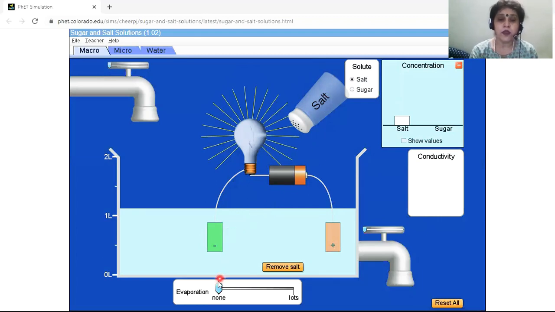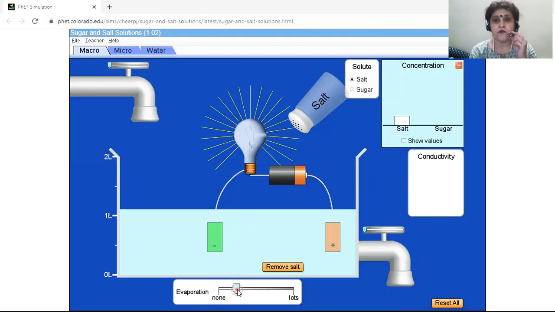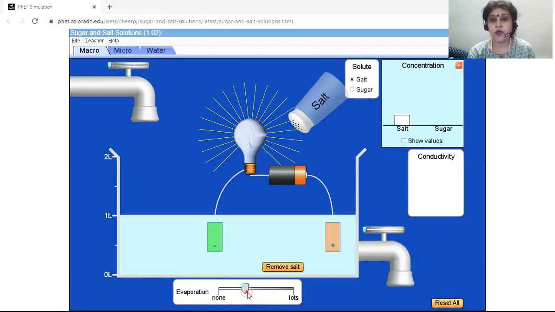Now we evaporate this water and see what happens. When we evaporate this water, the concentration of salt increases because water changes into water vapor.